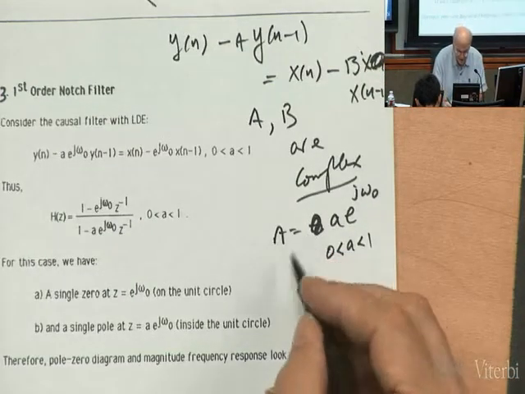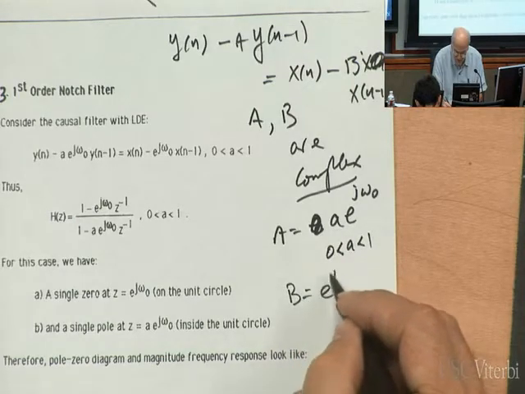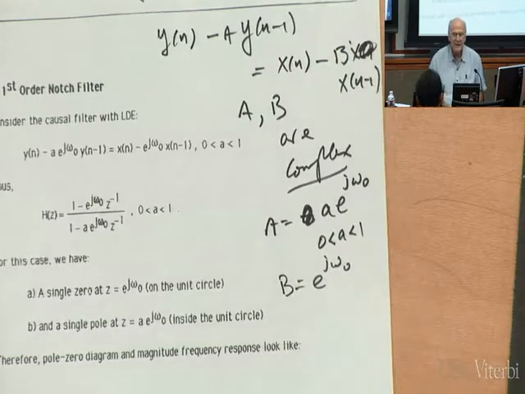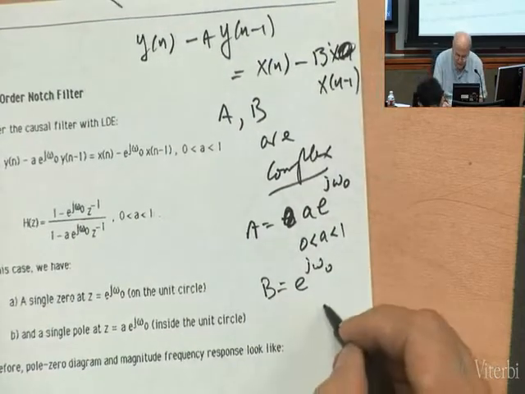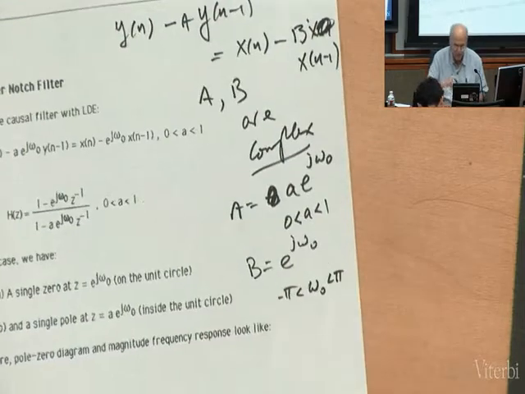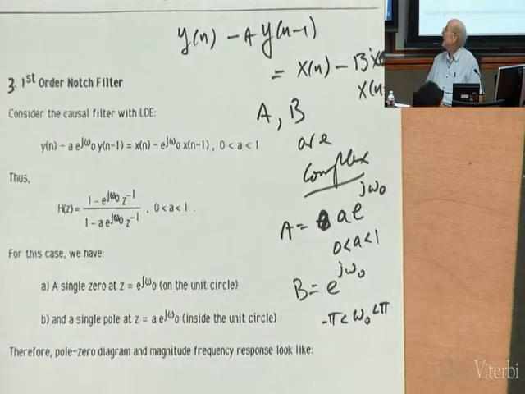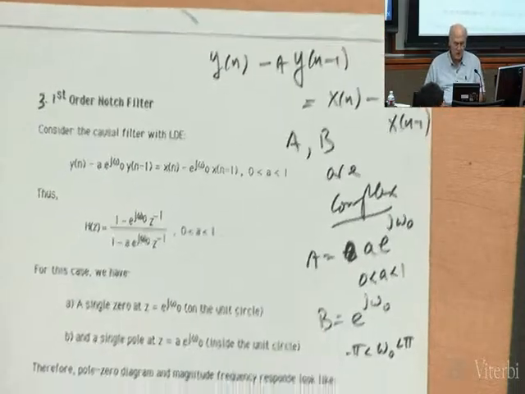And b is just equal to e to the j omega naught. And again, omega naught is generally between pi and minus pi. It goes all the way around the circle. So that is a complex first-order notch filter.